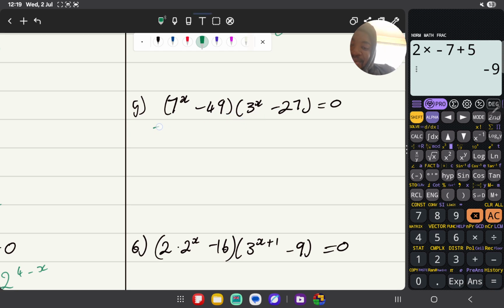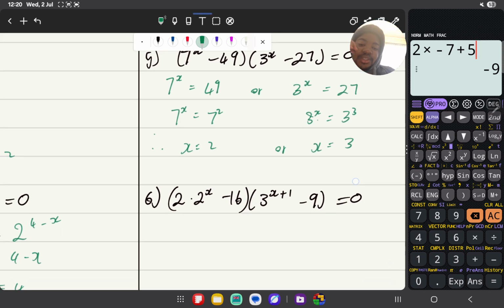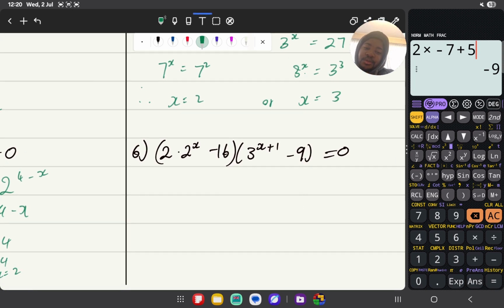So then we say 7 to the power of x equals 49, or 3 to the power of x equals 27. And then 7 to the power of x equals 7 squared, 3 to the power of x equals 3 to the power of 3, therefore x equals 2, or x equals 3. You understand, brothers? Cool stuff. Let's continue to cook.